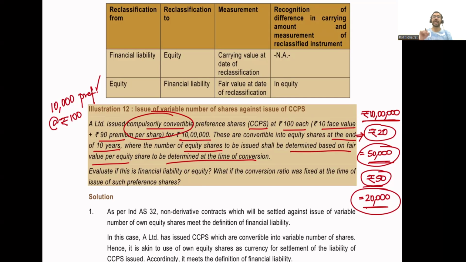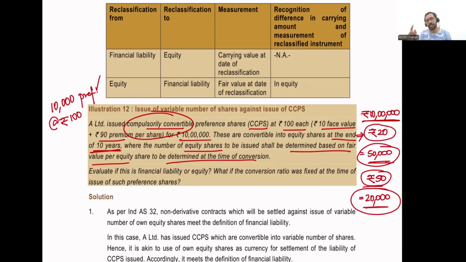But the question is, I do not know today the number of equity shares that they are going to get converted into. That will only be known at the end of the maturity. At the end of, let's say, 10 years, I will know the number of equity shares to be issued only at the end of the 10th year, because it is a function of the fair value at the end of the 10th year.